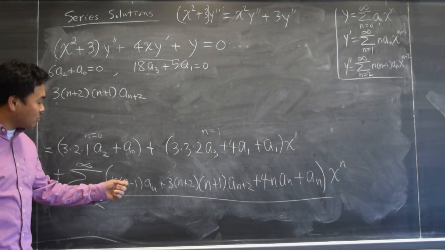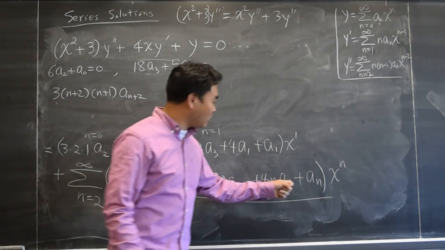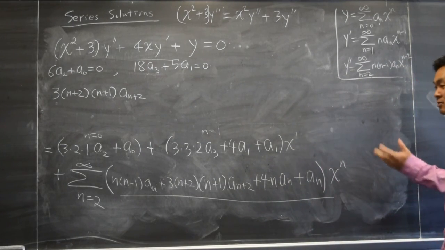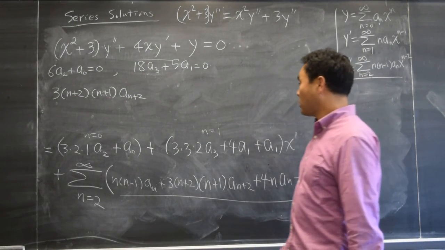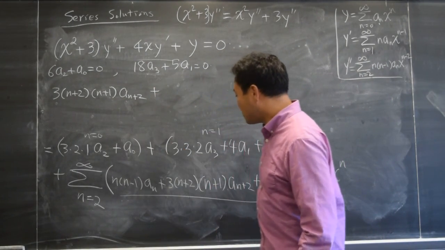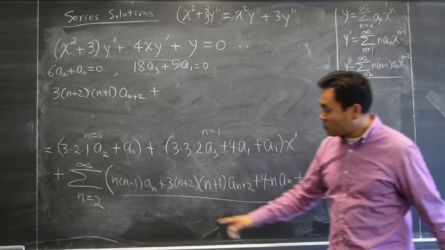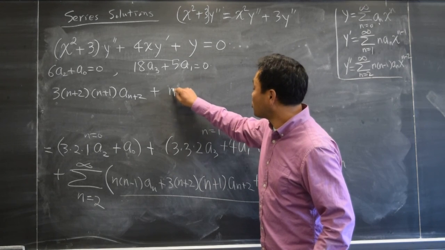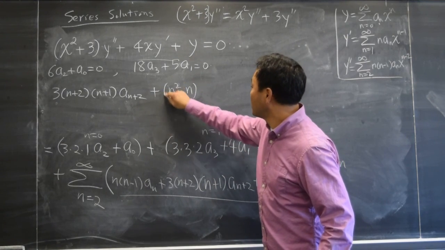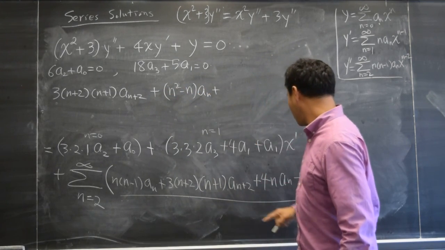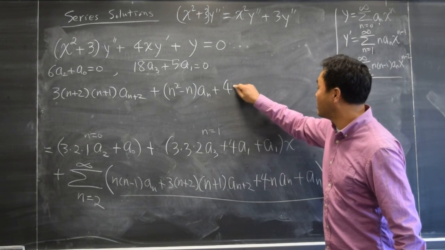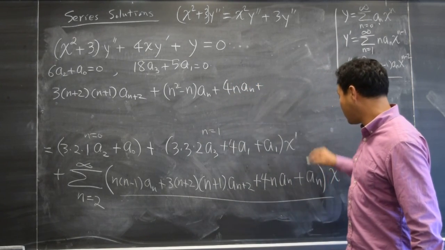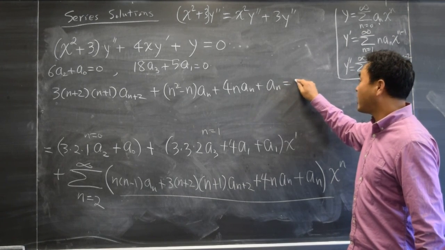And then I need to add this one and that one and that one, because they all have an's in there, right? So in order to put them together, I should multiply this out. So that's n squared minus n an plus 4n an plus an.